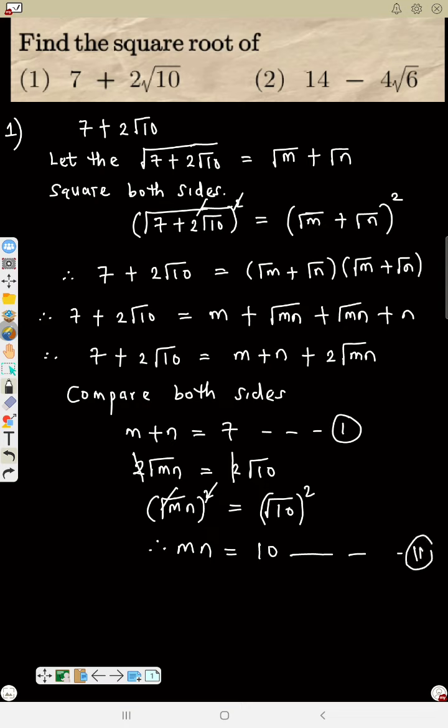Now we will solve both equation 1 and equation 2 simultaneously. So it's now a simultaneous equation. Now let's say from equation 1 we have m plus n is equal to 7. Then m is equal to 7 minus n.